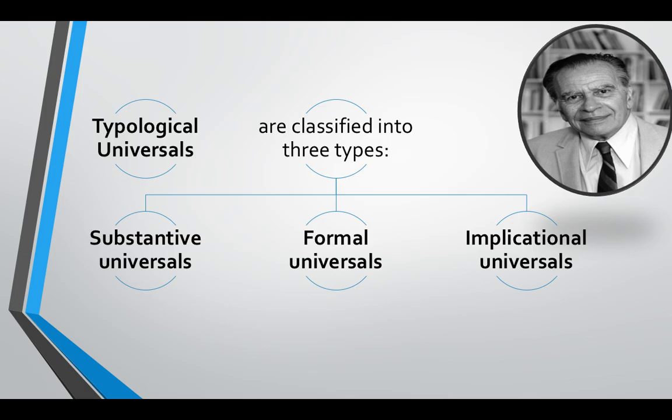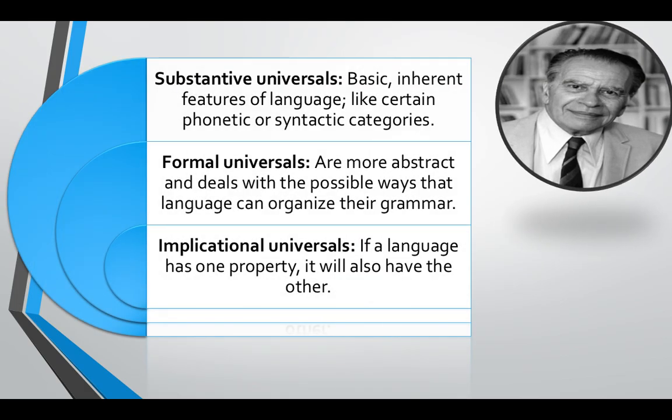So for example, the phonetic or syntactic categories found in a certain language. While the formal universals, they are more abstract and they are dealing with the possible ways that languages can organize their grammar. Implicational universals, so if a language has one property, it will also have the other.